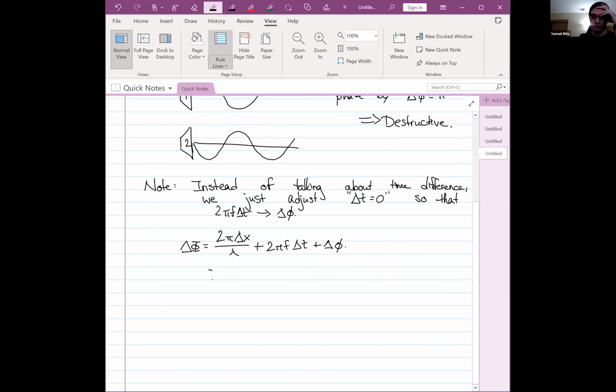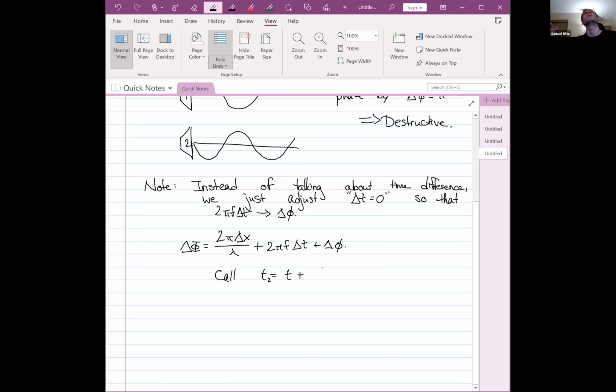So we call T2 equal to, say, T plus delta T over 2.